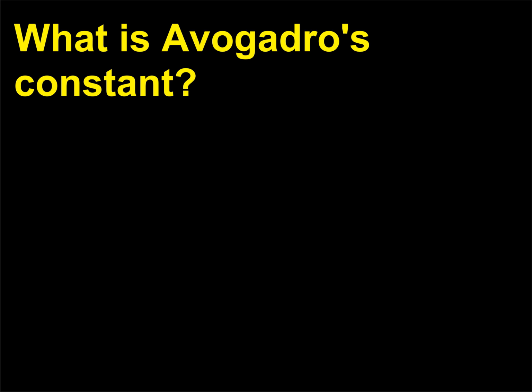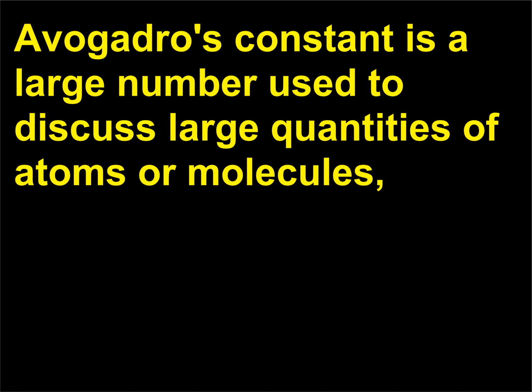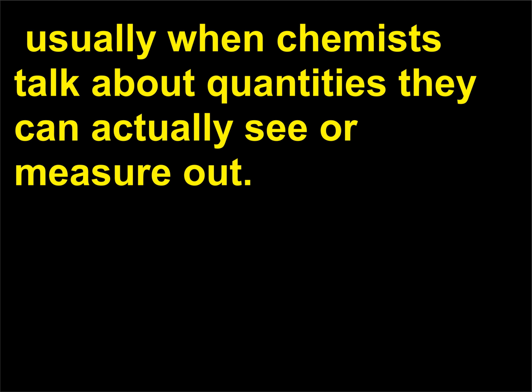What is Avogadro's constant? Avogadro's constant is a large number used to discuss large quantities of atoms or molecules, usually when chemists talk about quantities they can actually see or measure out.